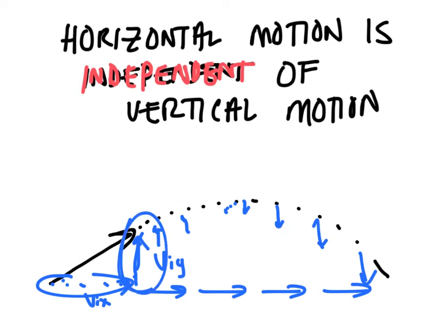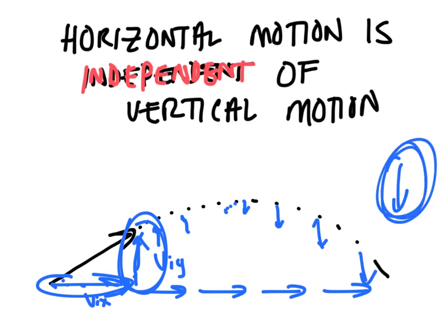So viy is a changing value, but vix is not a changing value. It is constant simply because there are no forces that are acting horizontally. The only force that's acting on this object is the force of gravity, and it only acts in the vertical direction and therefore only affects the y component of the velocity.